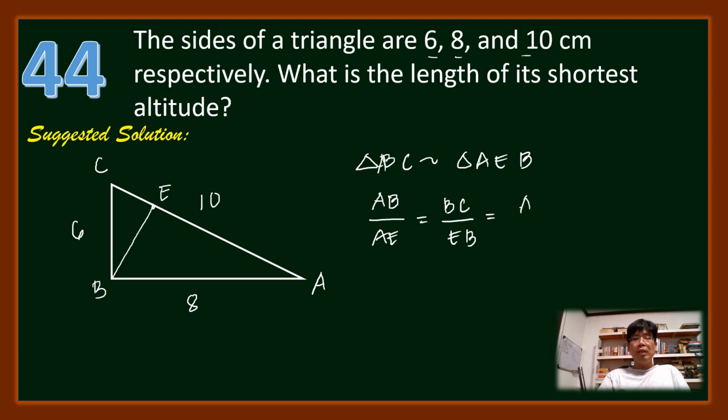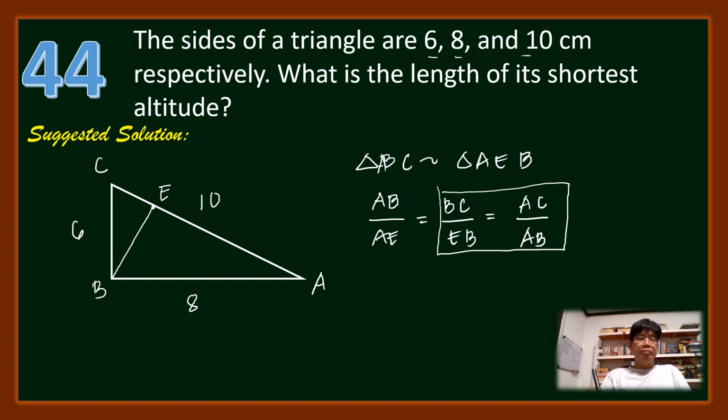Also, AC over AB. Again, from the similarities in two right triangles, we have the relationship AB over AE equals BC over EB equals AC over AB. Then we will use the relationship BC over EB equals AC over AB to find the value of EB.